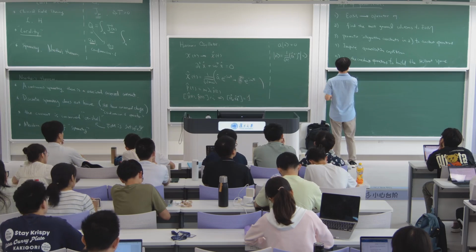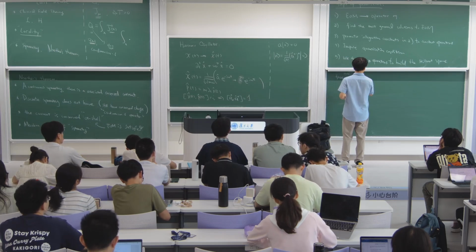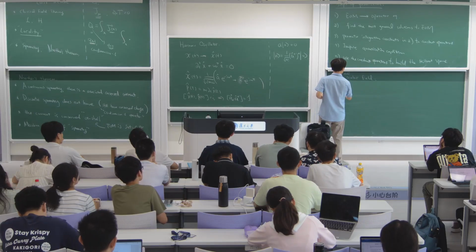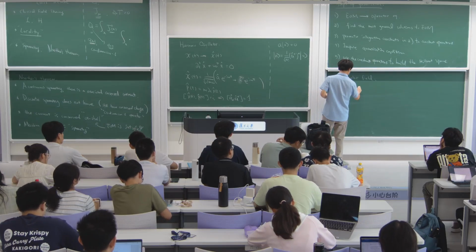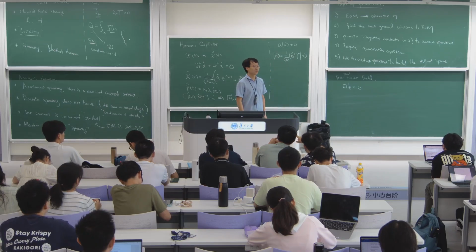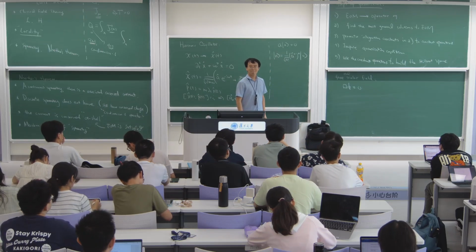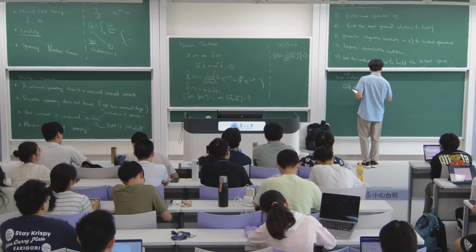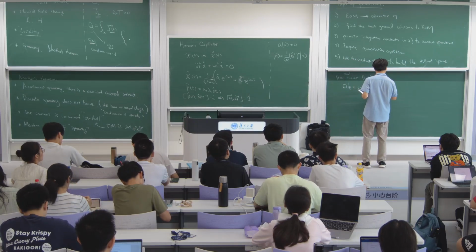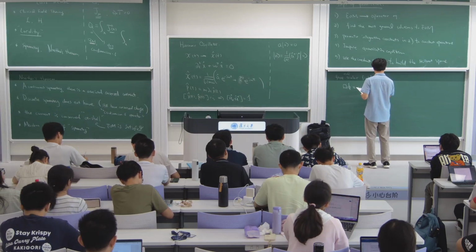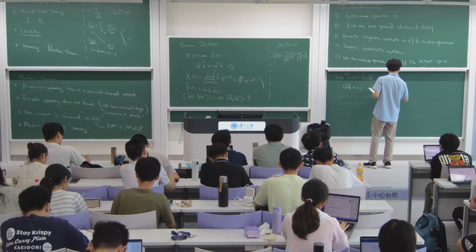So the equation of motion is simply box phi equals 0, right? This is the equation of motion. To write this explicitly, this is partial t squared phi minus the x derivative squared phi equals 0.